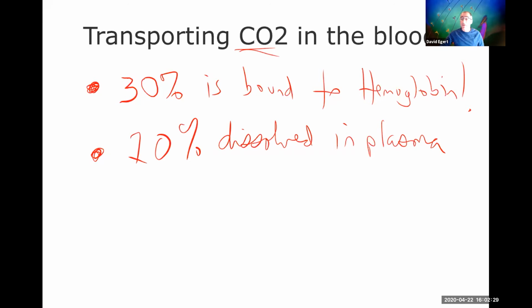Soda water is just carbon dioxide dissolved in water. You've all experienced fizzy water, Coca-Cola or Perrier or whatever. So some of the CO2 is just dissolved in your plasma as a gas in water. Obviously that leaves the lion's share as bicarbonate ion.